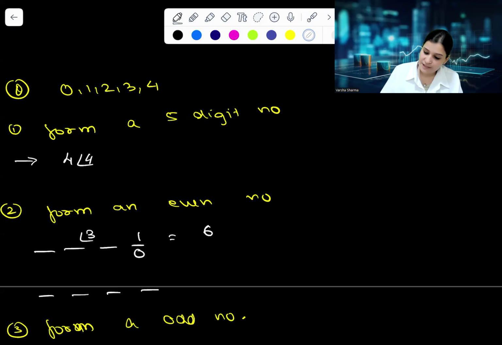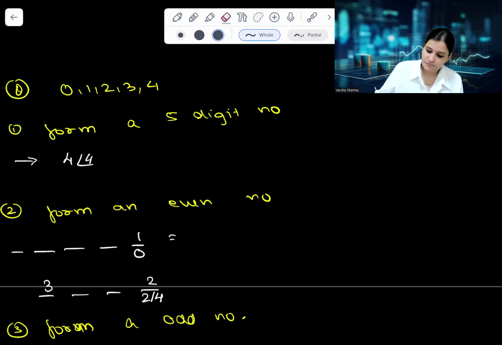But if the last place is filled by either 2 or 4, there are 2 ways to fill this position. The first place can be filled neither by, not even by 0, so 2 people gone. So the remaining 3, 4 factorial.